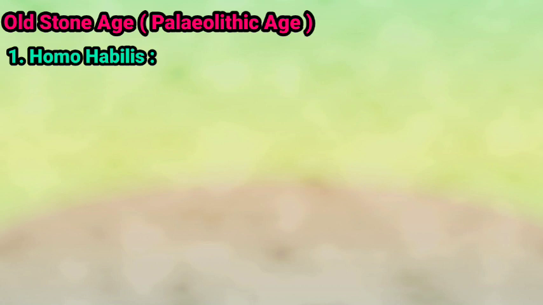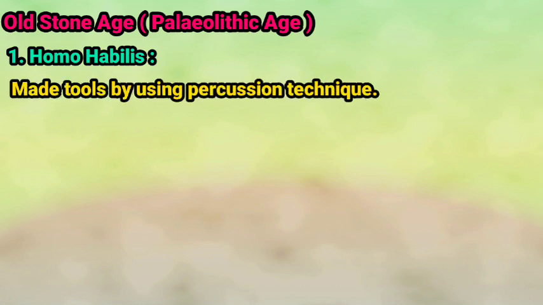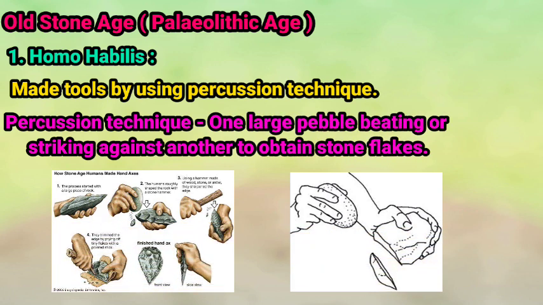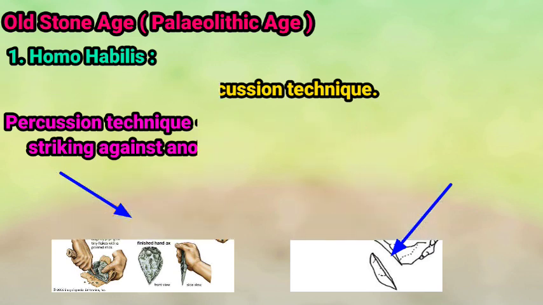Children, Homo habilis and Homo erectus, who belong to the Old Stone Age, both made their tools using the percussion technique. This technique involves beating or striking one large pebble or stone against another to obtain stone flakes. And then they made tools.